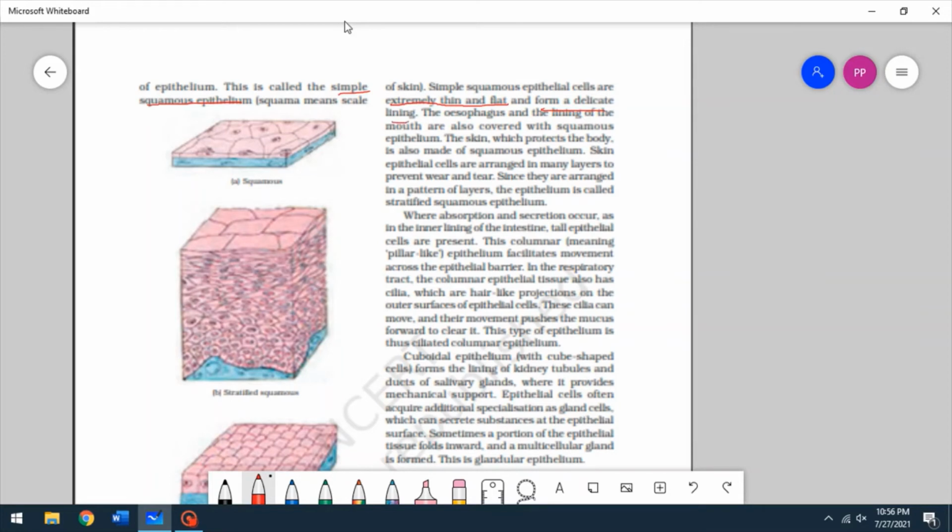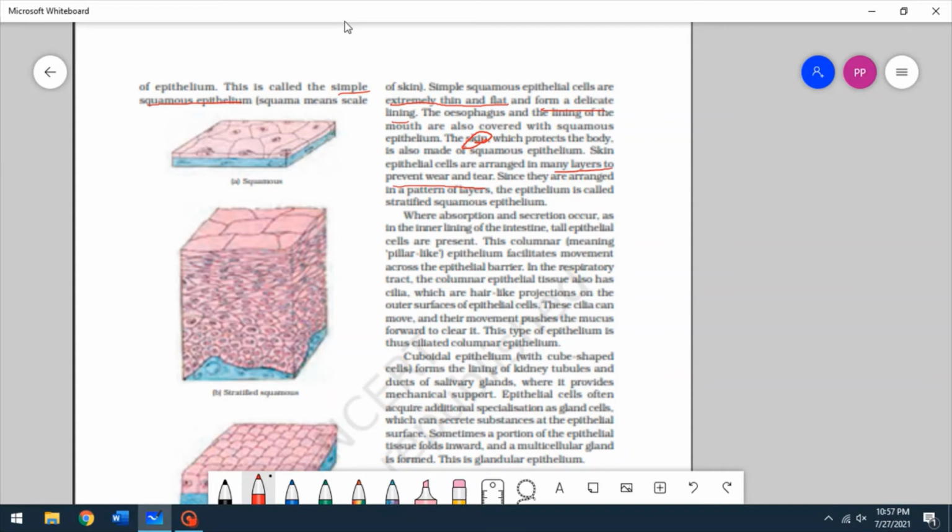Simple squamous epithelial cells are extremely thin and flat, and they form a delicate lining. The esophagus and the lining of the mouth are also covered with squamous epithelium. The skin, which covers the body, is also made up of squamous epithelium. They are present in many layers to prevent wear and tear. So if you have a skin scrape, that scrape goes through many layers of skin, because you can't have ridiculously insignificant stimuli tearing through your skin and exposing your body fluids or your blood, muscle, bone, whatever it is.